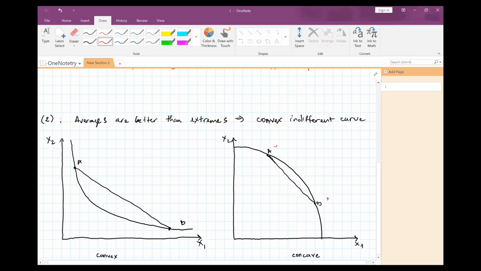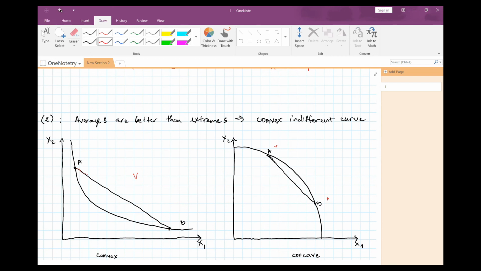Then the line will be below the curve. And the other way around for the convex function. So the graph here on the left-hand side, if you connect 2 points on this indifference curve, then the line will be above the indifference curve itself.